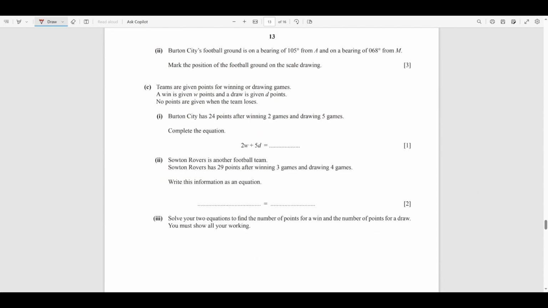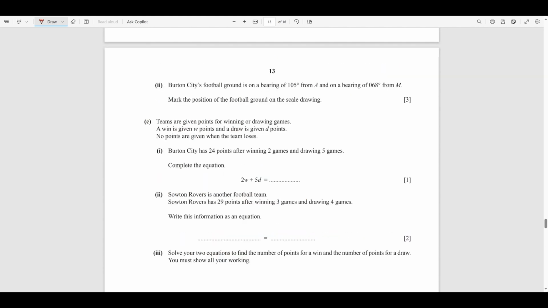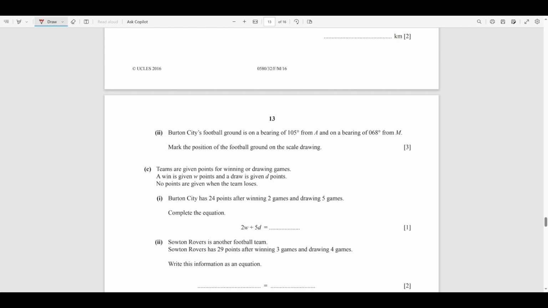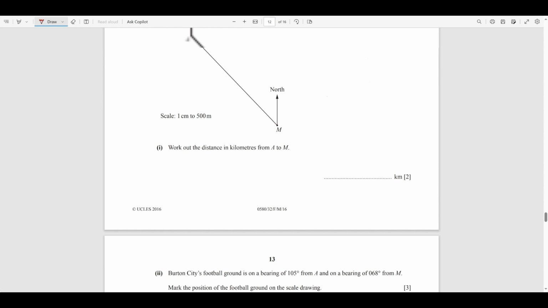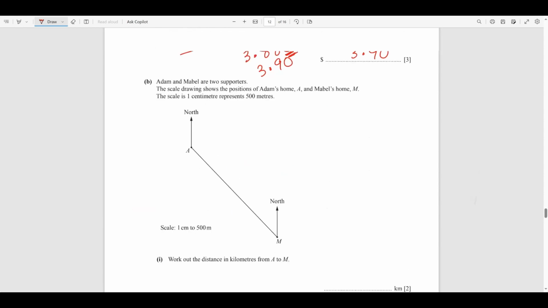Part 2 says Burton City's football ground is on a bearing of 105 from A and on a bearing of 68 degrees from M. All right, 105 degrees from A means from the north.